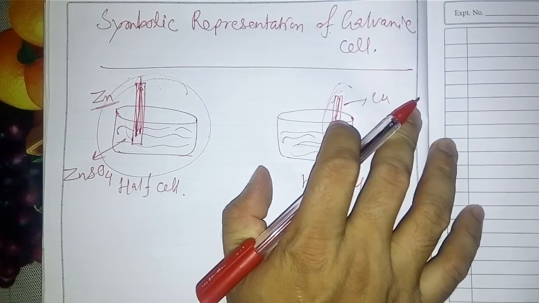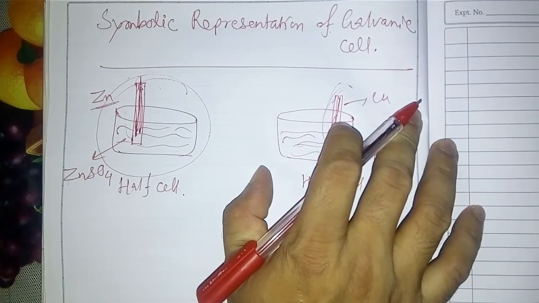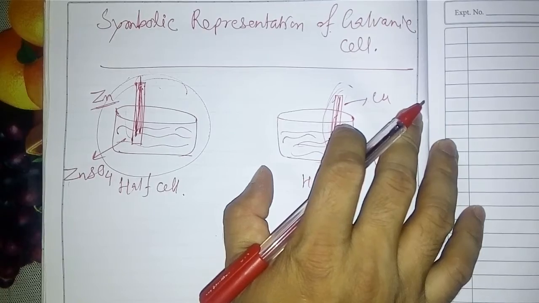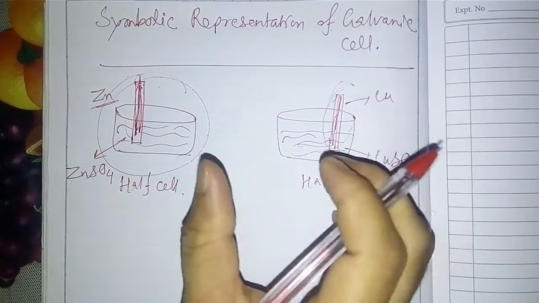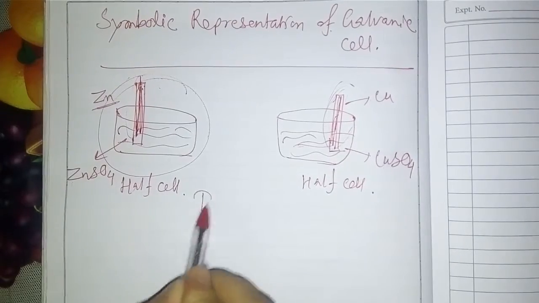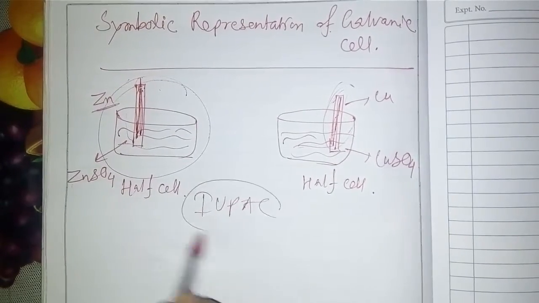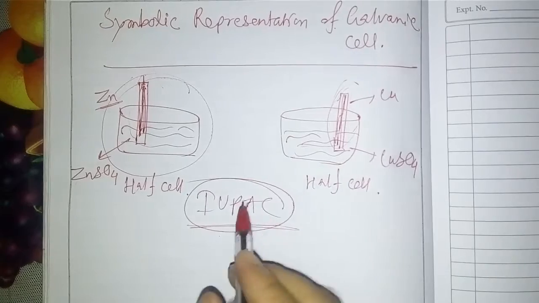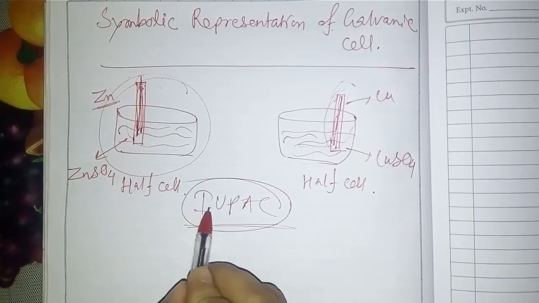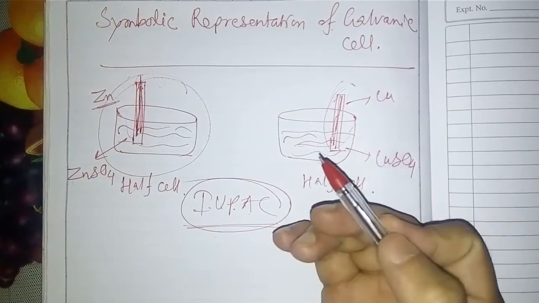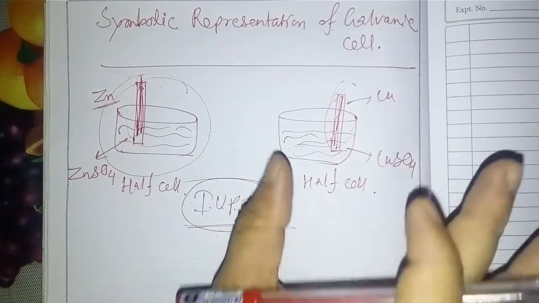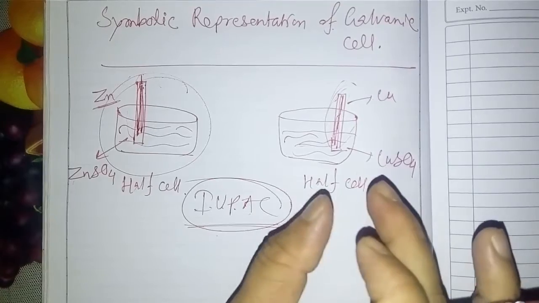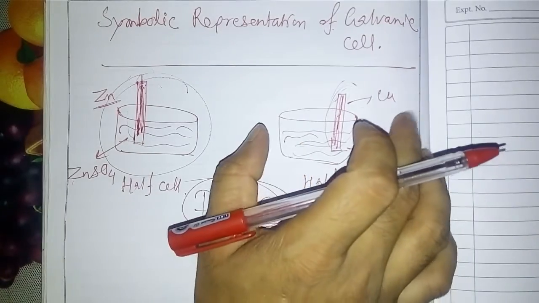According to the IUPAC system, certain rules are followed to express a galvanic cell symbolically.